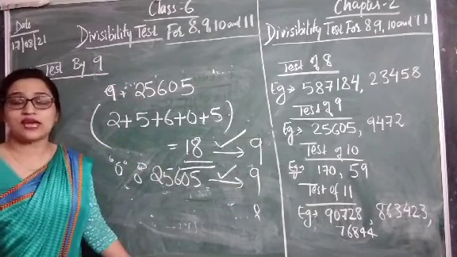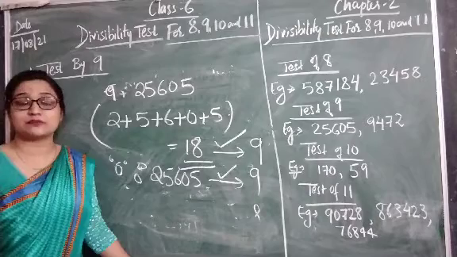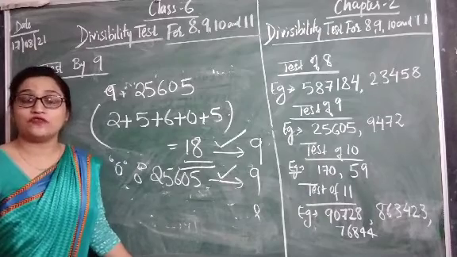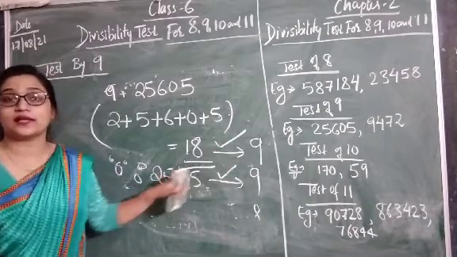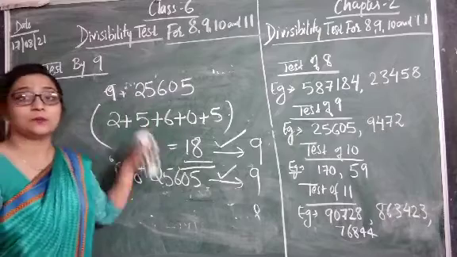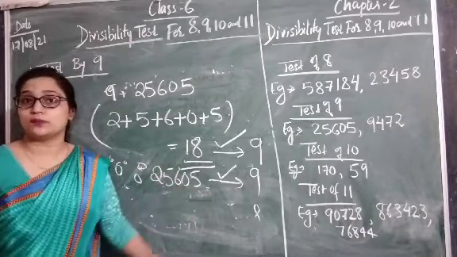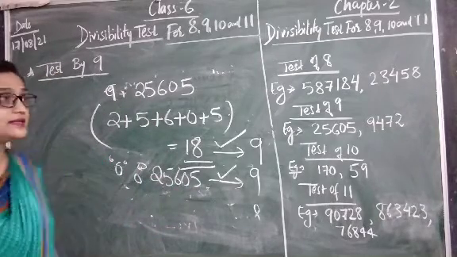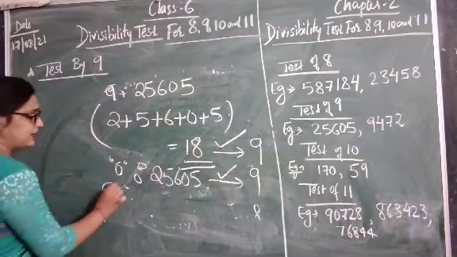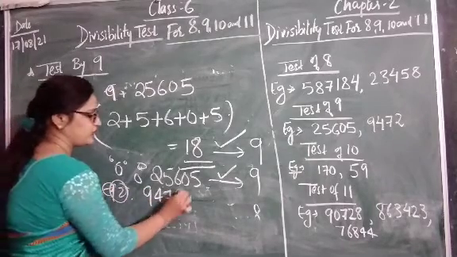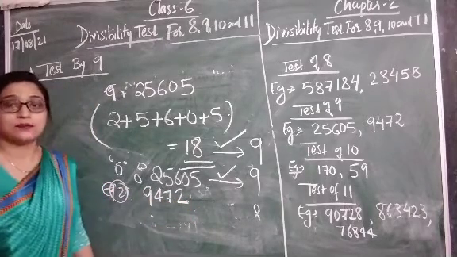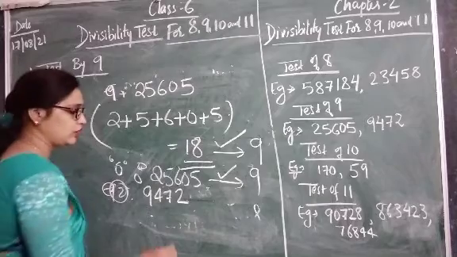Okay, so we just have to check the numbers by adding them, and if we are getting the number which is divisible by 9, so we can say that the given example is also divisible by 9. Let us consider another example, 9472. Okay, same steps we have to follow here also.